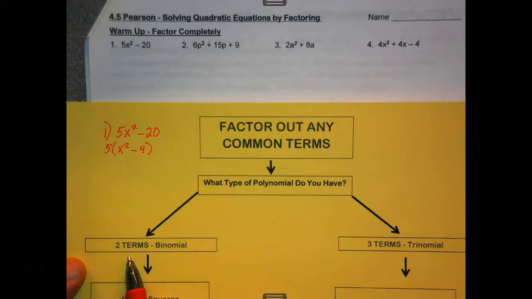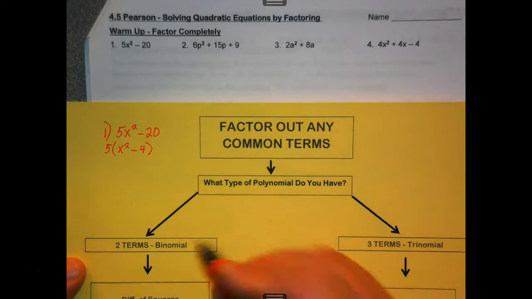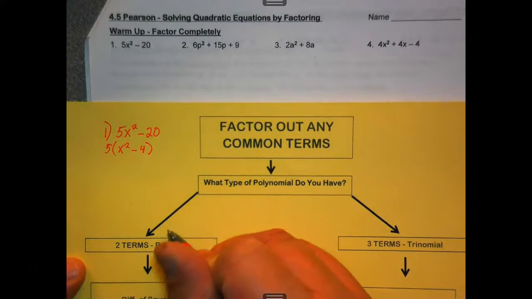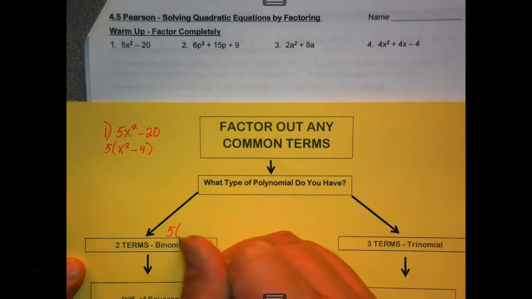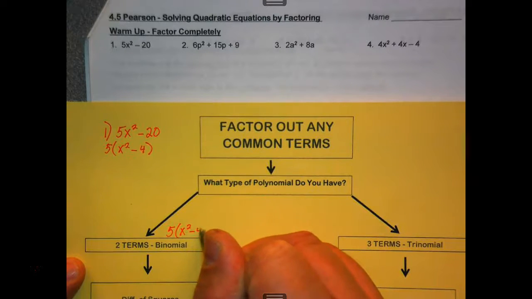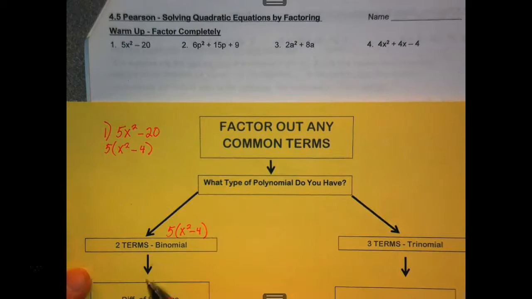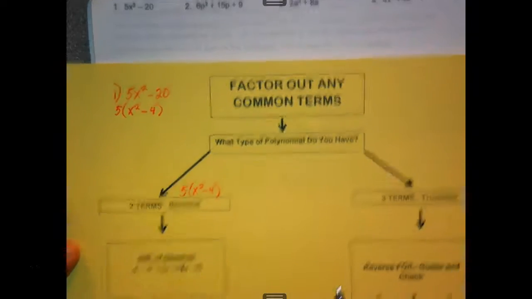So I know that I have 2 terms, a binomial. 5 times x squared minus 4. Then I have to decide if it's a difference of squares. What does difference of squares mean?